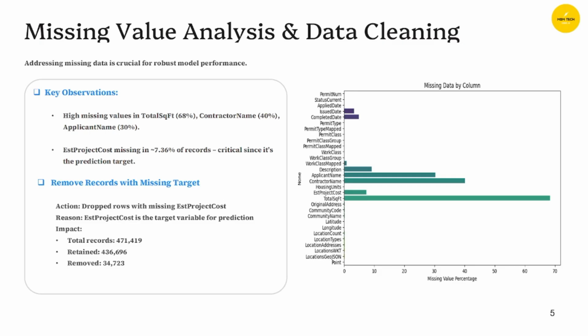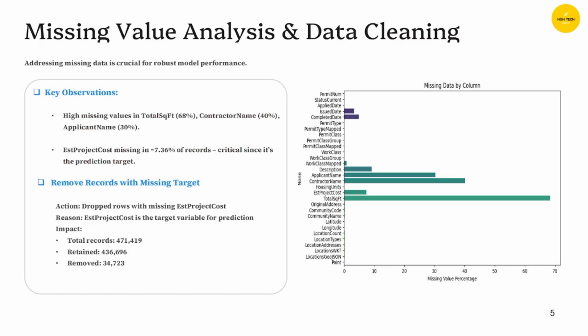So it is critical since it's the prediction target. As it is my target variable, the records which do not contain the estimated project cost, I needed to remove from my data frame.